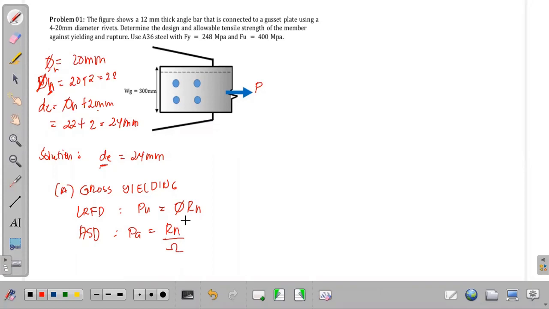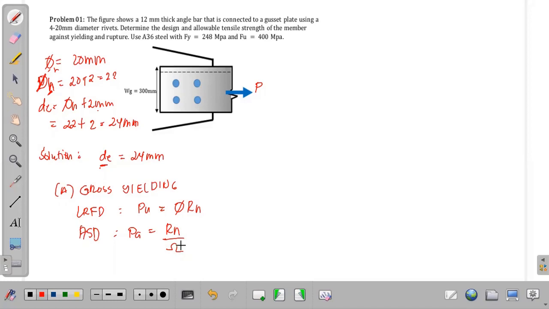Okay? So yung tensile strength, ito yung tensile strength natin. Design tensile strength. Ito yung ultimate load natin. Allowable. Ito yung magiging allowable tensile strength, yung Rn over omega.